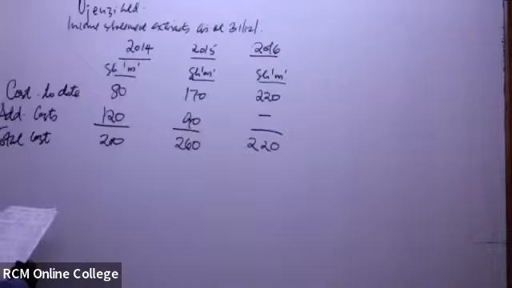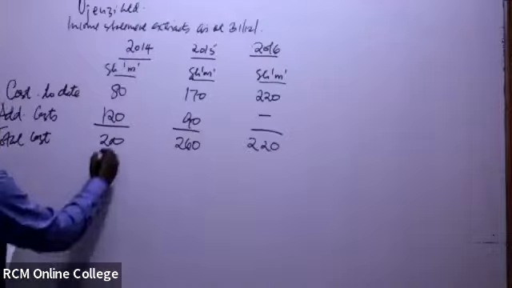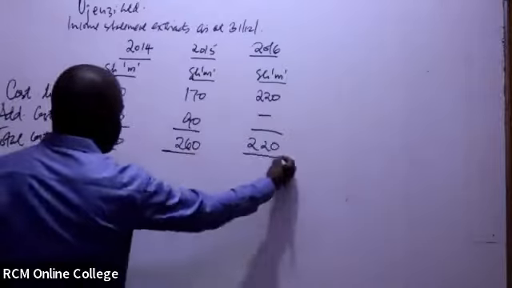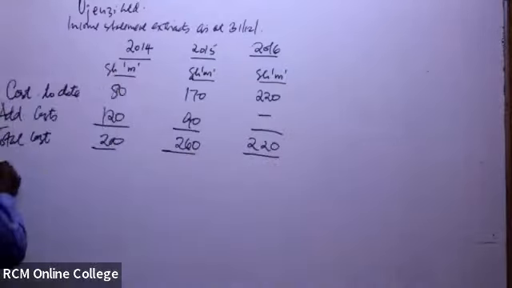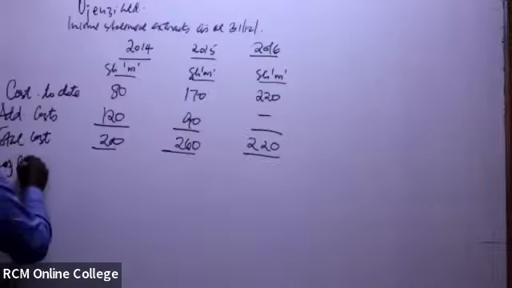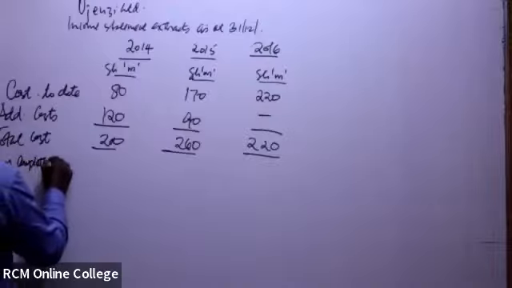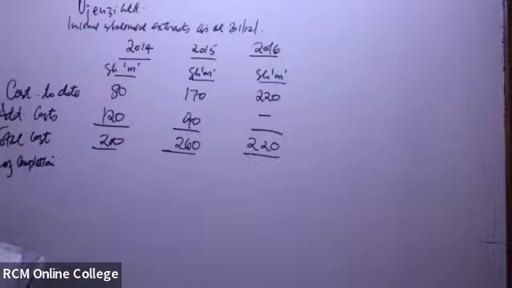So we can, in this case, calculate the percentage of completion. From this, you can actually be able to get the percentage of completion. In this case, we said, how do you get it?